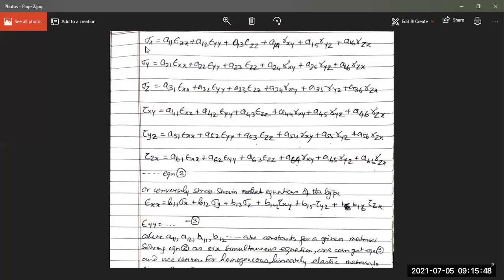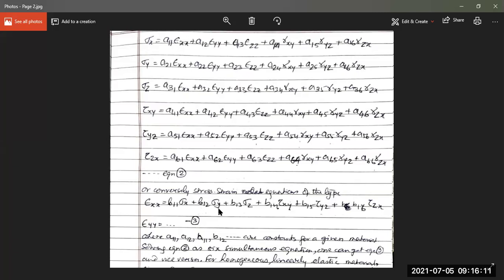And this is related to the strain along the x-axis, y-axis, and z-axis, and also the shear strain along xy, yz, and zx, multiplied by so many empirical constants A11, A12, A13, A14 and A16.